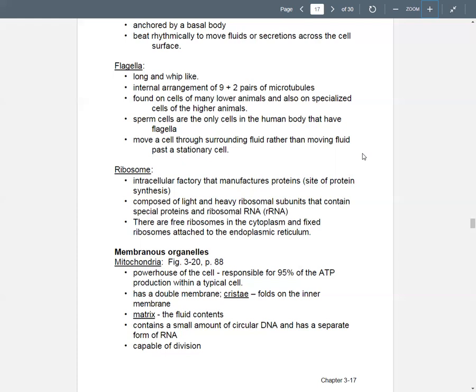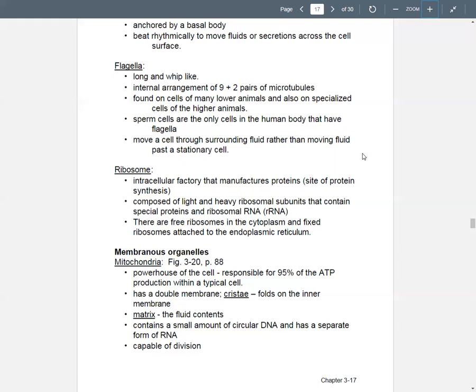Inside the mitochondria, you also have fluid, and that fluid is called matrix. Believe it or not, you actually have some DNA inside the mitochondria. It's going to have a separate form of RNA from what is made by your DNA in your nucleus.